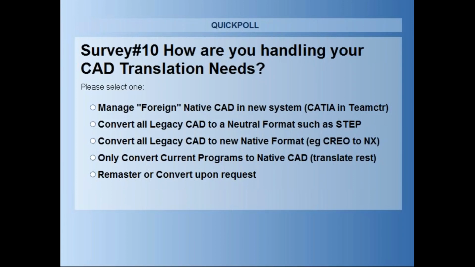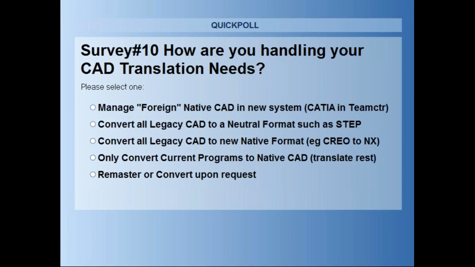So are you planning to manage foreign native CAD in the new system? So this, I think, harkens back to an earlier question. How do you manage CATIA data inside of Teamcenter, and can you do that robustly? Or how do you manage NX data inside of Innovia, and so on?